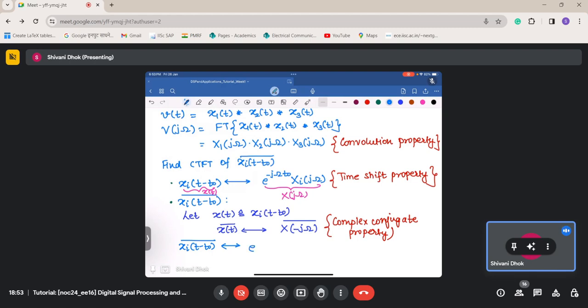If we take the conjugate, e power minus j omega t naught becomes e power j omega t naught, but now we need to replace omega by minus omega, so this becomes e power minus j omega t naught times Xi of minus j omega conjugate.